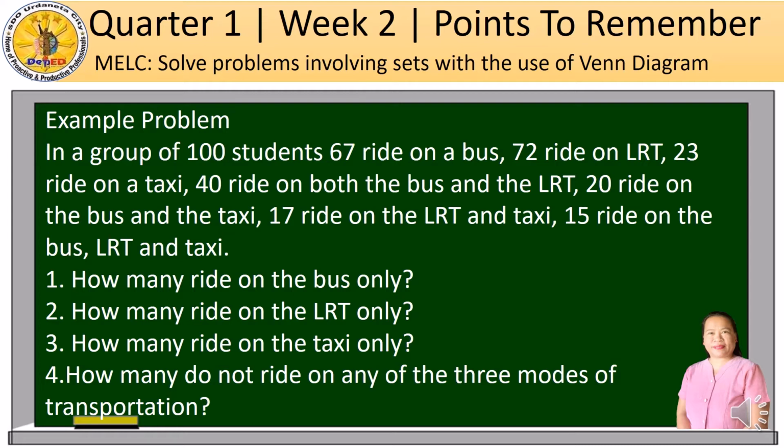And the questions to be answered are, how many ride on the bus only? How many ride on the LRT only? How many ride on the taxi only? How many do not ride on any of the three modes of transportation?